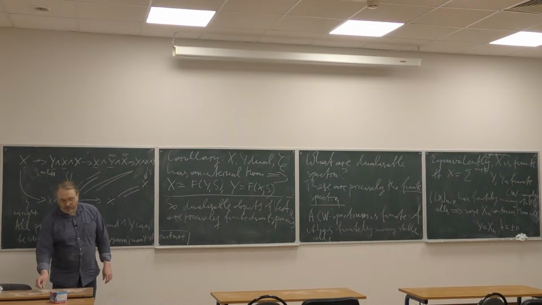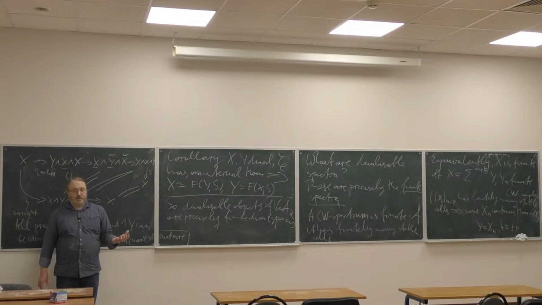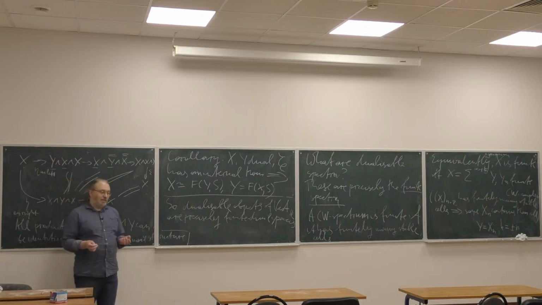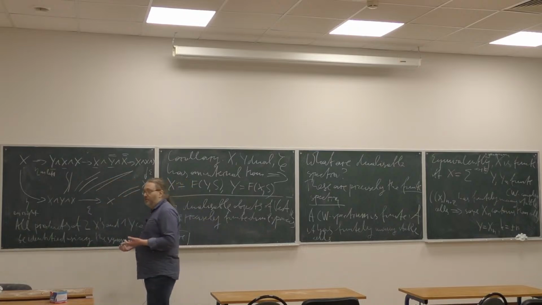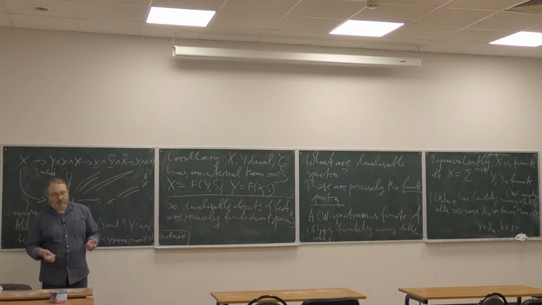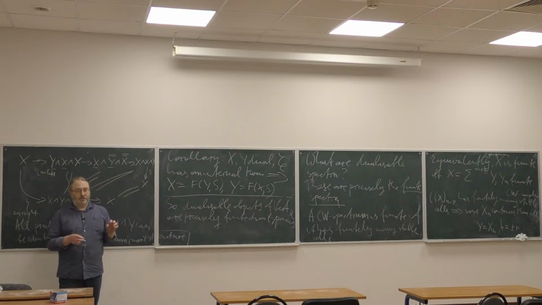we will talk about this next time, and the idea is very simple. Suppose we have a finite CW complex. Well, let's embed it in some sphere such that the complement is also homotopy equivalent to a finite CW complex.